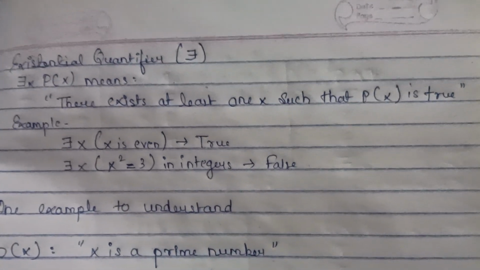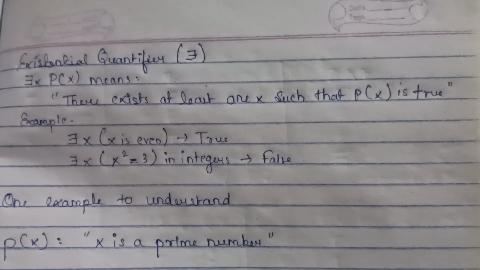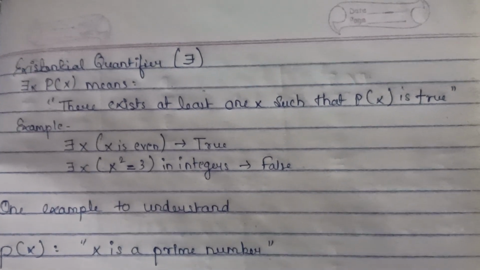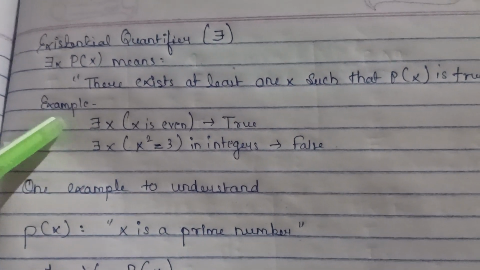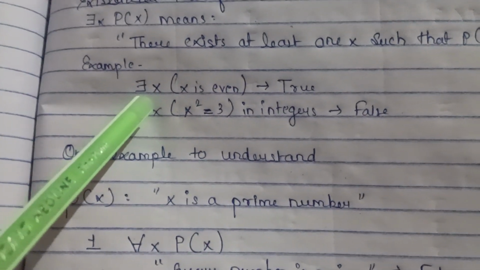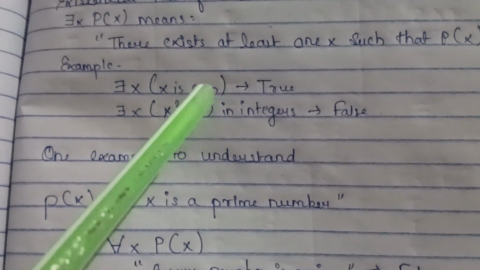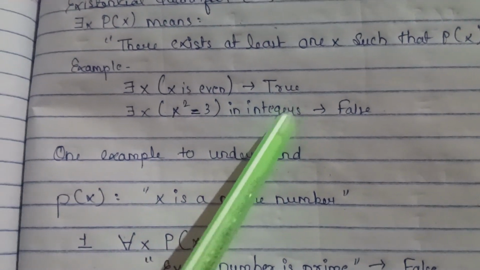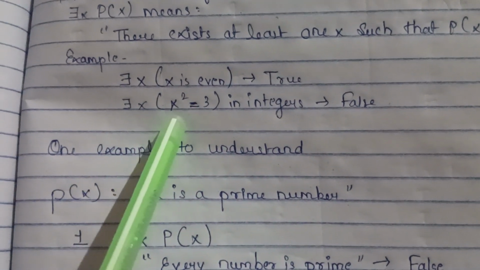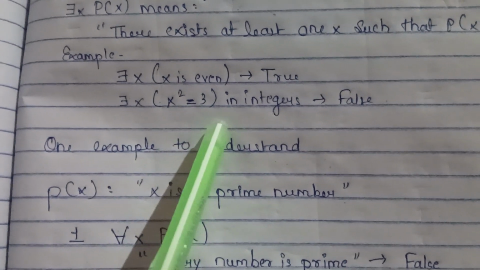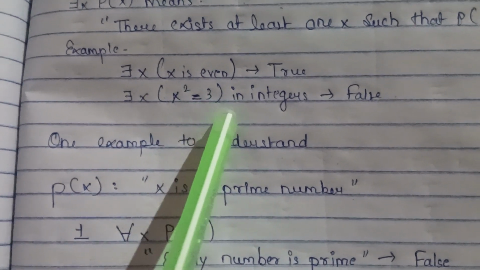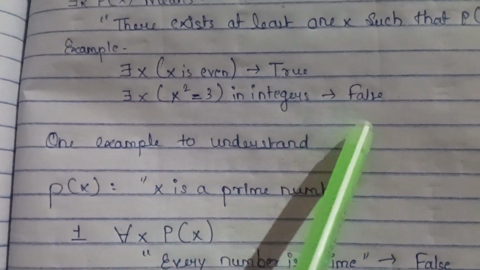So in a set there should be one x which will be true, and the rest might be false. For example, there exists x, x is even, which is true, but there exists x such that x squared equals 3? No, right? So in integers it will be false.